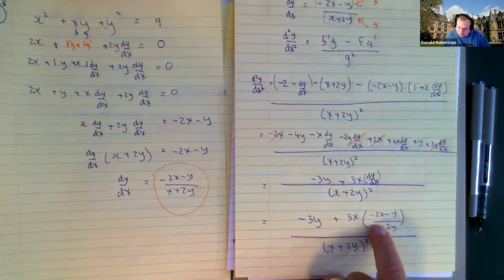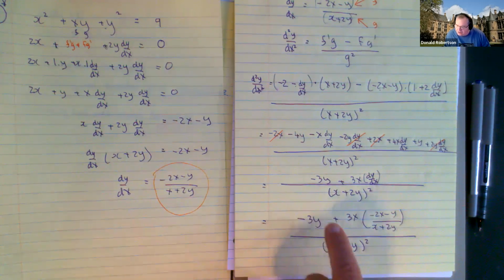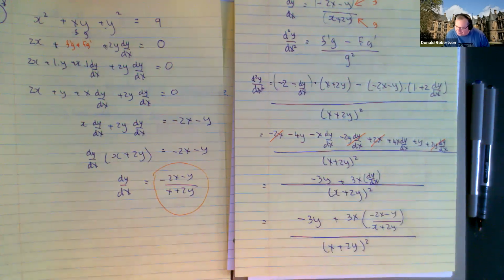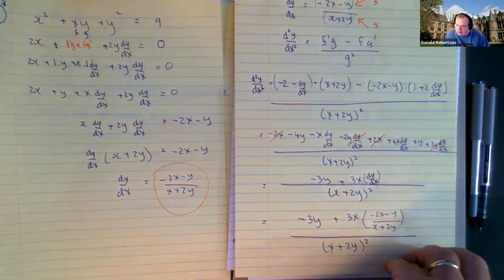Would you agree that this is a fraction, this isn't a fraction, and we don't like fractions in fractions? So this is correct, and if you're really lucky, style points will be your friend and allow you to write that down as an answer.